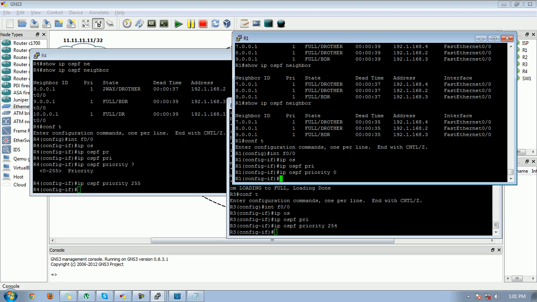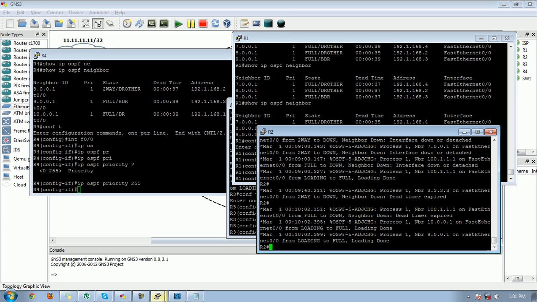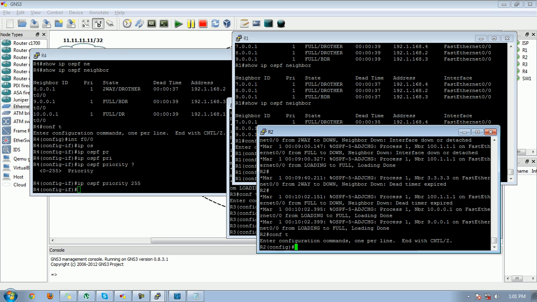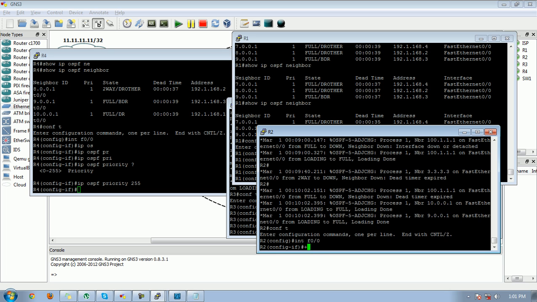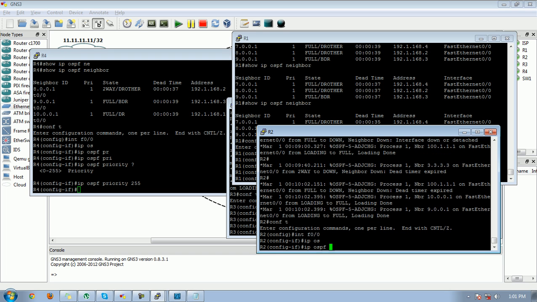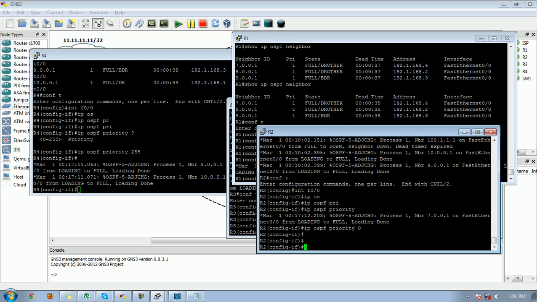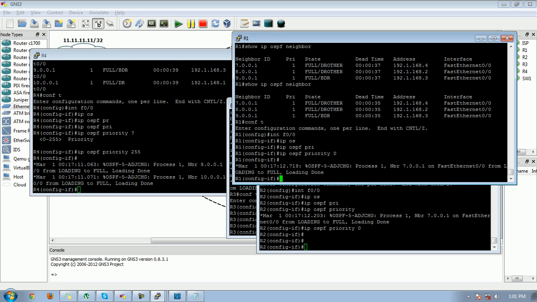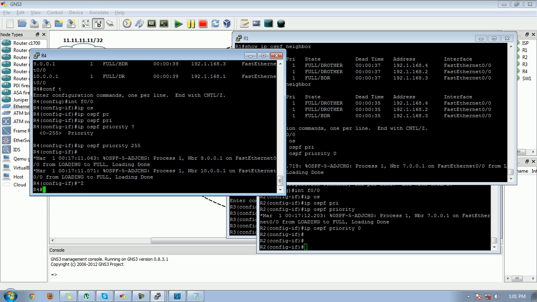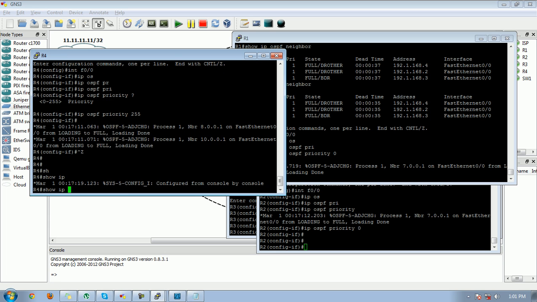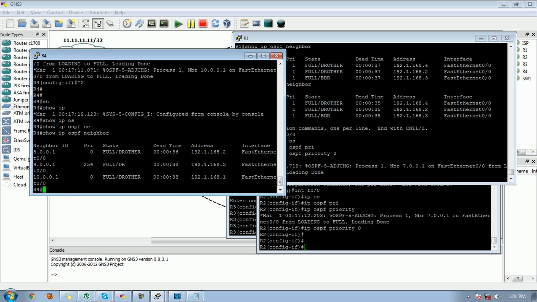Okay, and then R2, IP OSPF priority 0. Okay, see now, show IP OSPF neighbor. Who becomes DR?